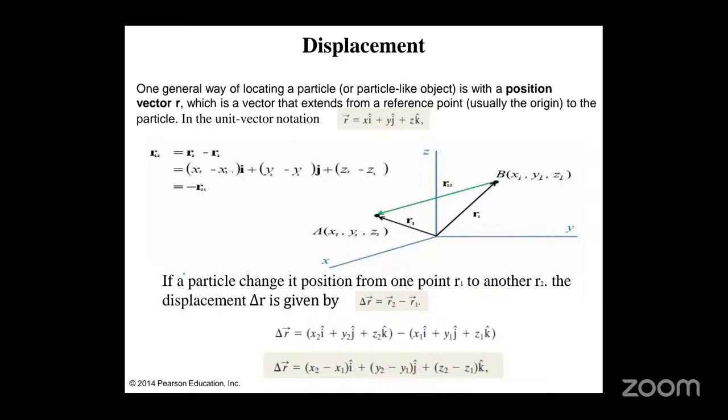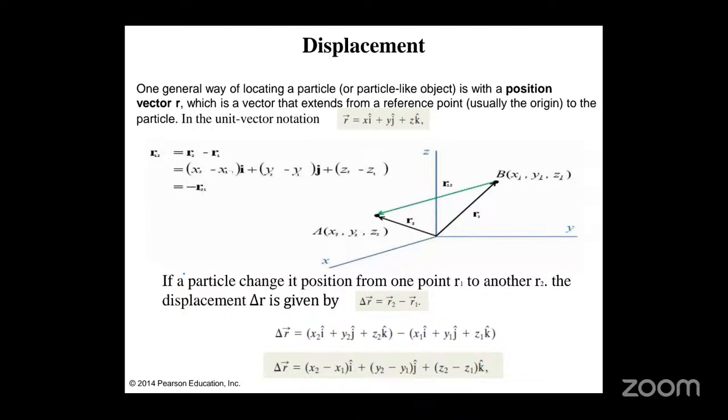So r represents the position vector, while X, Y, Z represent the components, that is the X-axis, Y-axis, and Z-axis. If you recall, when we treated vectors, we talked about the components of vectors.